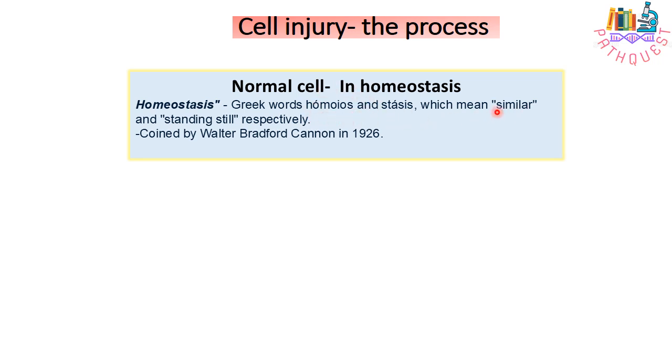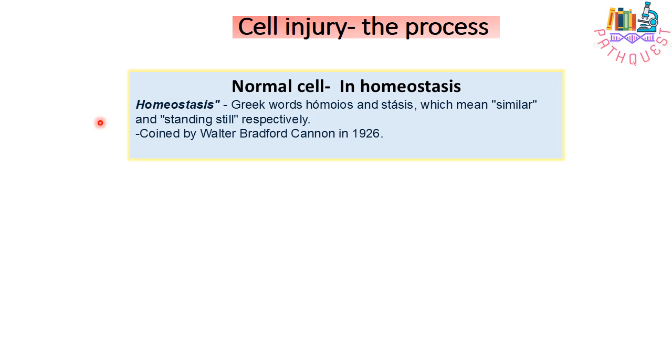Homos means similar and stasis means standing still. So the cell which is in a similar state repeatedly is in a state of homeostasis. This term was coined by Walter Bradford Cannon in 1926.